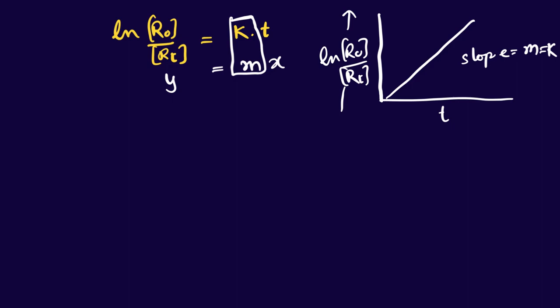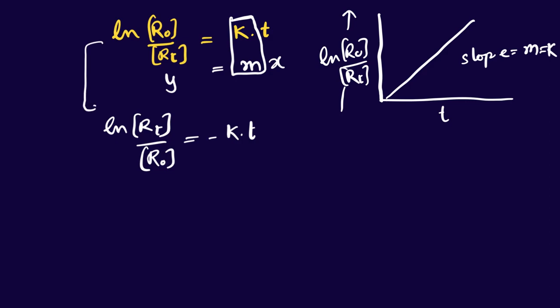Now, from the previous one, we have one formula. The last one is ln R at t time by R naught concentration is equal to minus kt. Otherwise we consider only this equation, but this is the reversed form.